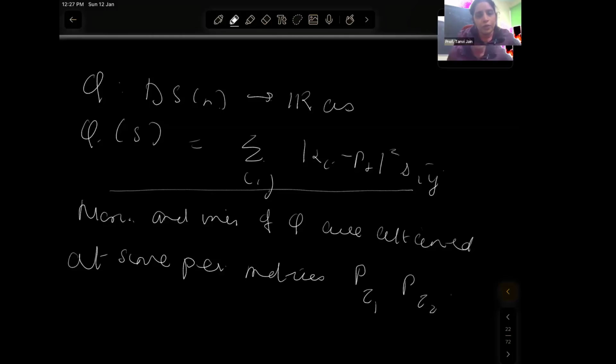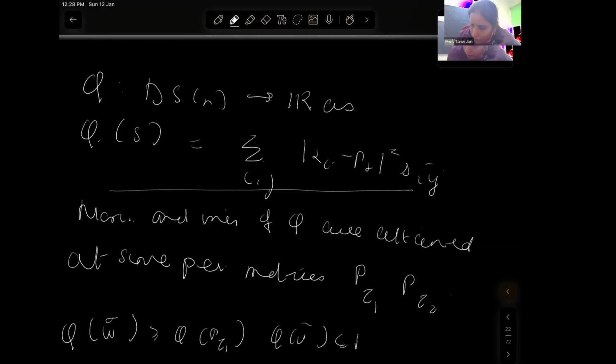In P tau 1, only the i, tau i element is 1 for every i, otherwise all are 0. My norm A minus B Frobenius square is a value of phi, so phi of W tilde is greater than or equal to phi of P tau 1, and phi of W tilde is less than or equal to phi of P tau 2.